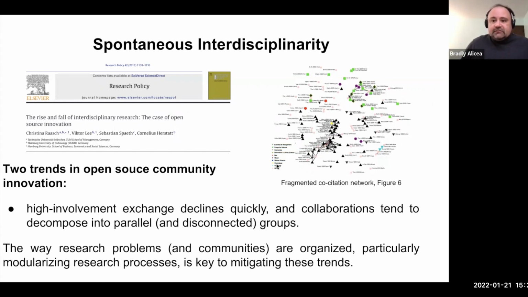Early on in a project, there's a lot of citation of a lot of different sources from this network. And over time, it fragments so that participants are selectively interacting with the things that they're familiar with. So there's this process that goes on. And the way research problems in communities are organized, particularly modularizing research processes, which we'll see how that works, is key to mitigating these kinds of trends.